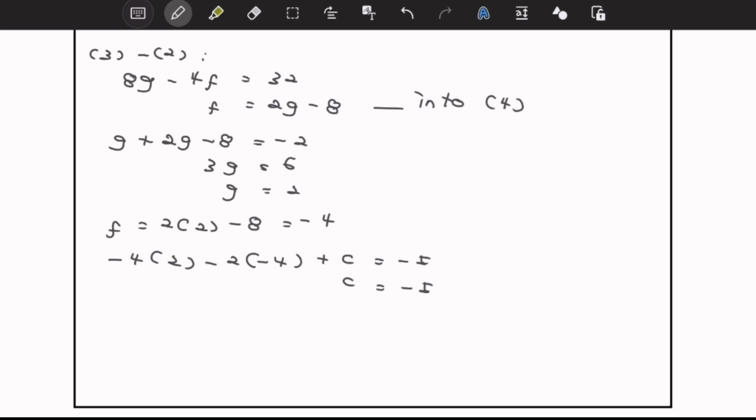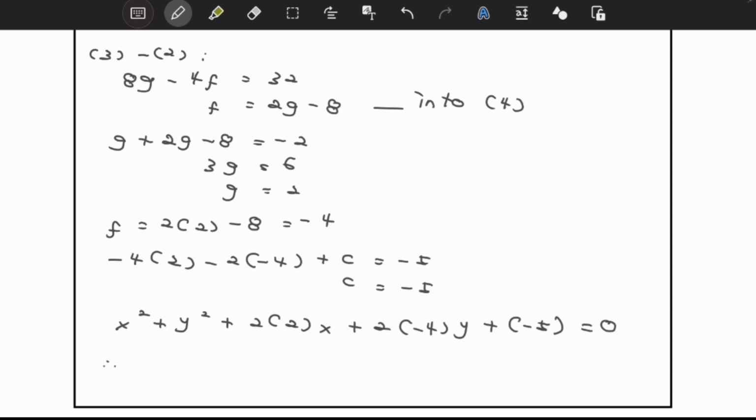So let's substitute into the general equation. So x^2 + y^2 + 2(2)x + 2(-4)y + (-5) = 0.